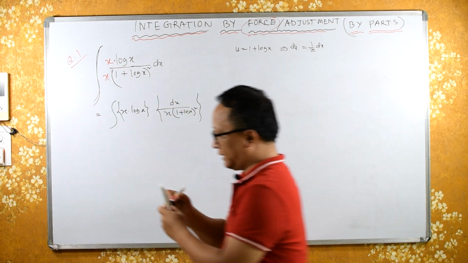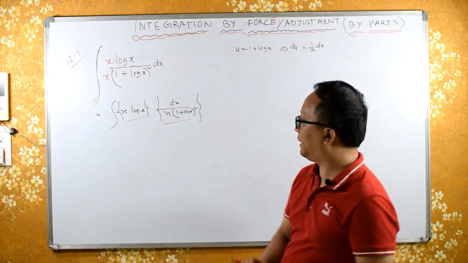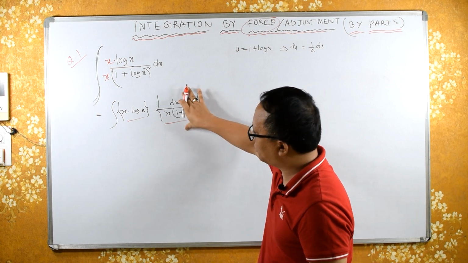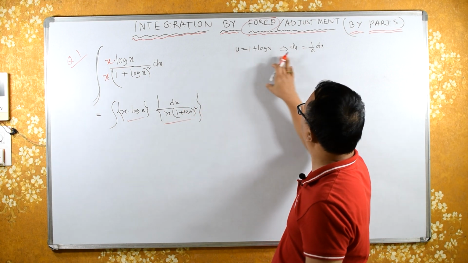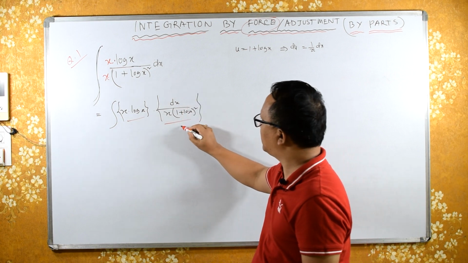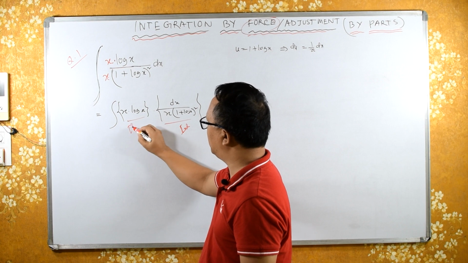Now, which one do we choose as first and second function? Integration of this looks nice, because when we substitute 1 plus log x we will get du and it's easy to integrate. So let's keep this as second function, and this as first function.